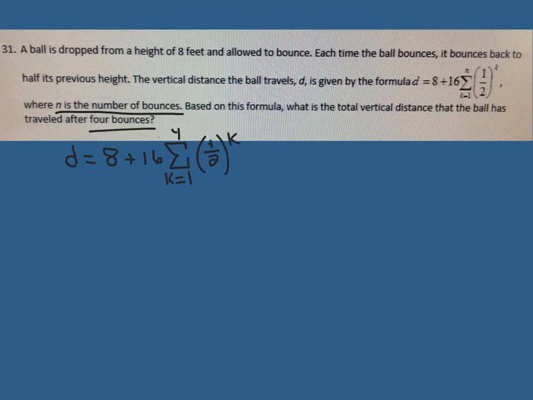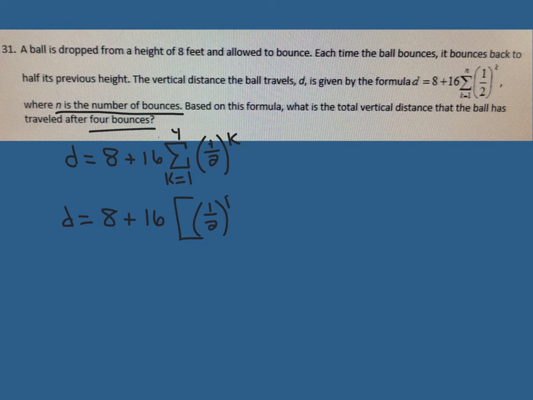So let's do this. d equals 8 plus 16 times, I'll put a big bracket there, the sum from k equals 1 to 4 of 1/2 to the k power. We're first going to take 1/2 and replace that k with 1. Remember, this tells us where to start and this tells us where to end.